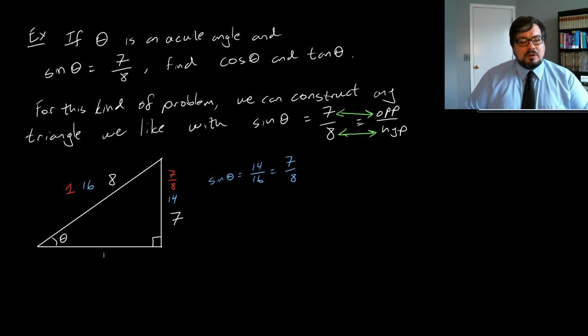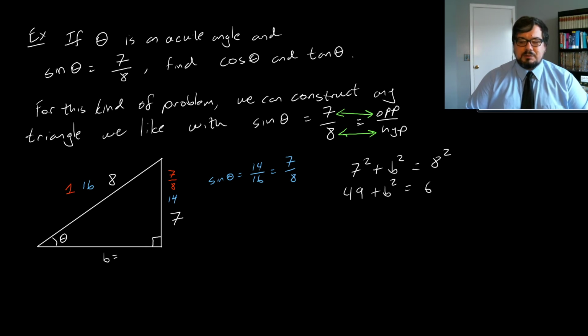So once again, we're going to need to figure out what this adjacent side down here is, and we can use the Pythagorean theorem. We have that 7 squared plus b squared is equal to 8 squared. So 49 plus b squared is equal to 64.